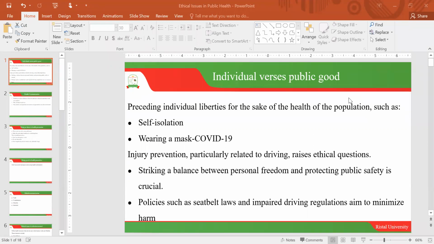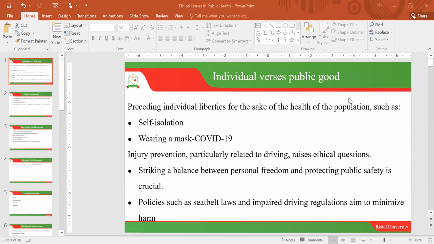The other thing that also relates to protecting the public and restricting individual liberties relates to people who are driving. You want people to put on their seat belts, and they should drive carefully to protect other members of the public who are using the road.